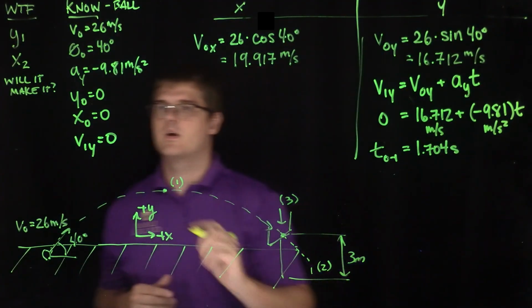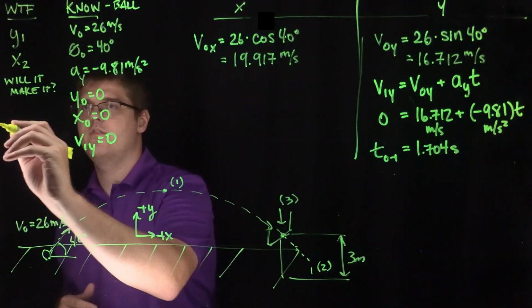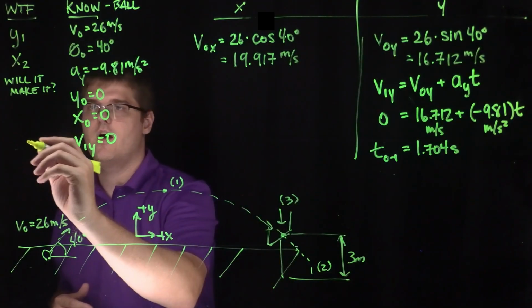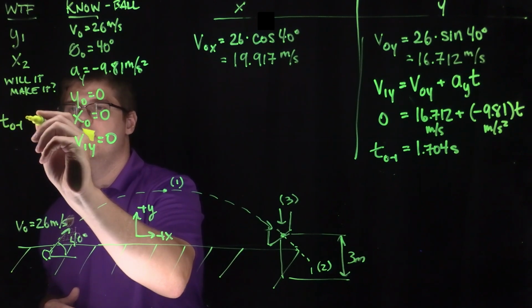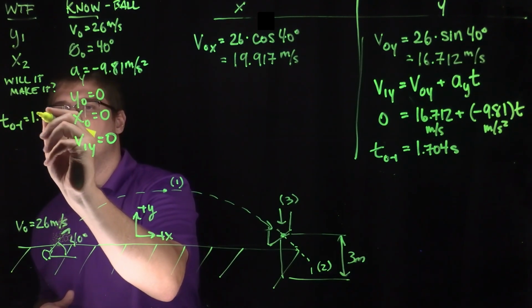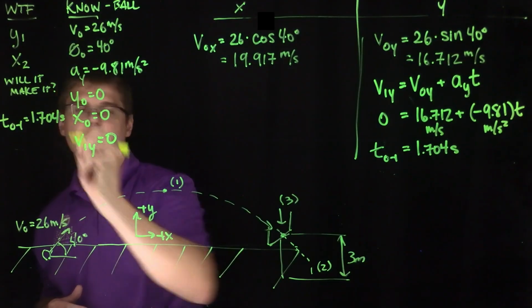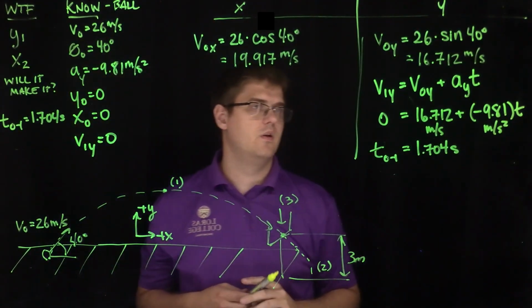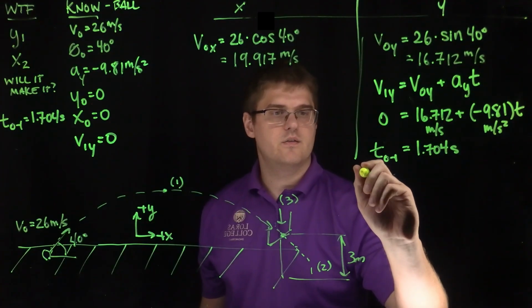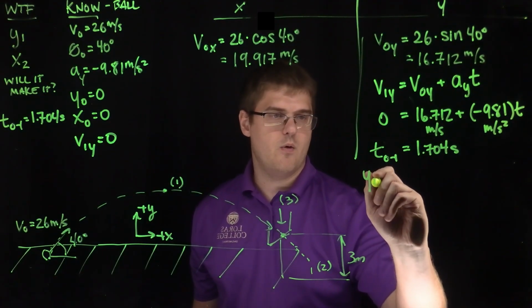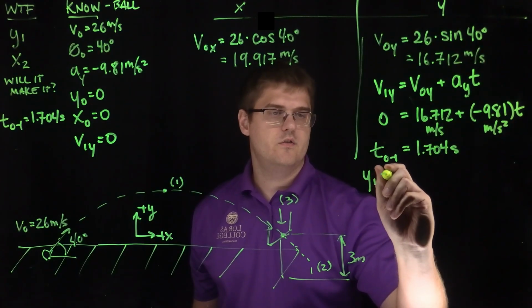So we're going to add this to the stuff I know, because this is going to have to constantly be erased. So time 0 to 1 is 1.704 seconds. Perfect.